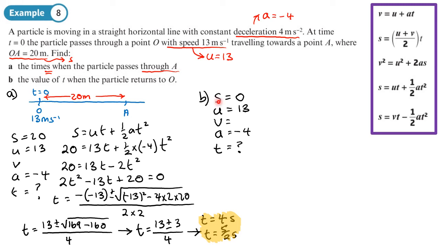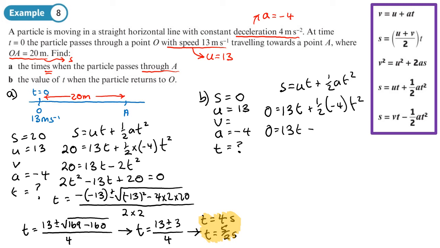So again, an equation that has S, U, A and T: S equals UT plus half AT squared. And we'll just substitute in 0 equals 13t plus half times -4 times t squared. So that will give us 13t minus 2t squared.